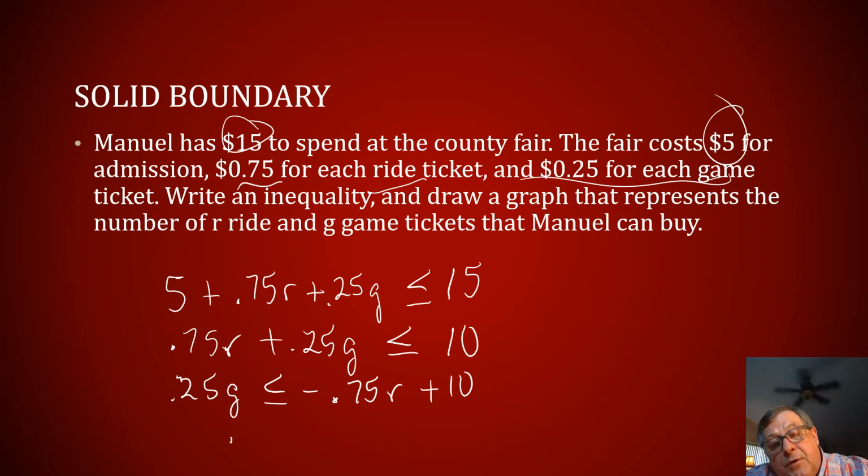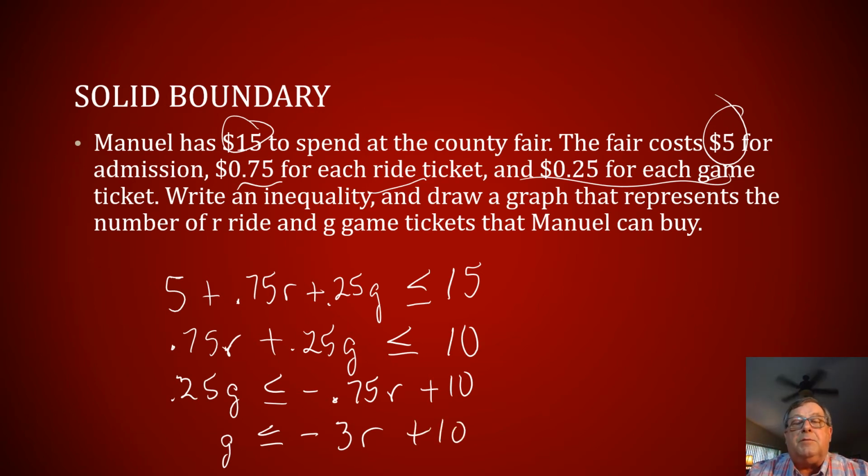Then I'm going to have G is less than or equal to negative 3R, since 4 times 0.75 is $3, plus 4 times 10, which is 40. All right, we're going to jump to the calculator.